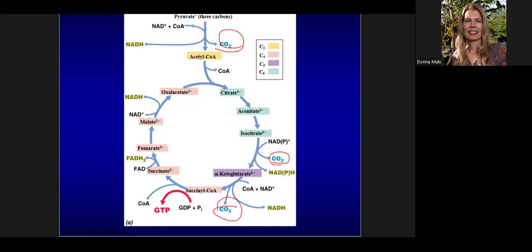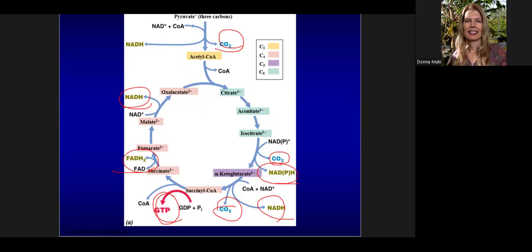And believe it or not, that's a really good thing because it provides a situation where you end up making some nice NADH or NADPH, depending on the microbe, FADH2, and then GTP or ATP. So looking at this cycle, I want you to know what kicks it off, the very start of it. And then the things I circled here, that's kind of like the big deal. Like, why would a microbe do this?